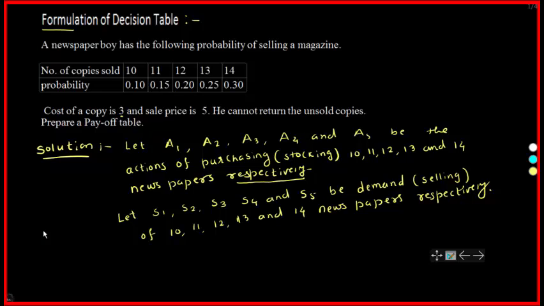So let S1, S2, S3, S4 and S5 be demand, that is selling of 10, 11, 12, 13 and 14 newspaper respectively. That is S1 is the demand or selling of 10 newspaper, S2 is the demand of selling 11 newspaper, S3 is the demand of selling 12 newspaper and S4 is the demand of 13 newspaper, S5 is the demand of 14 newspapers.